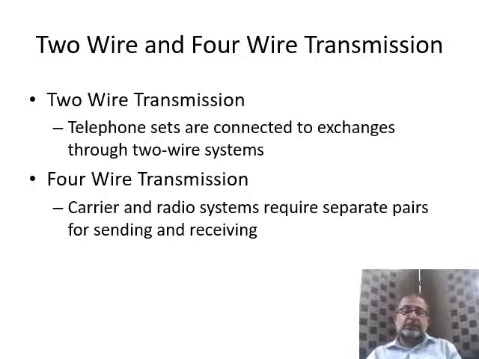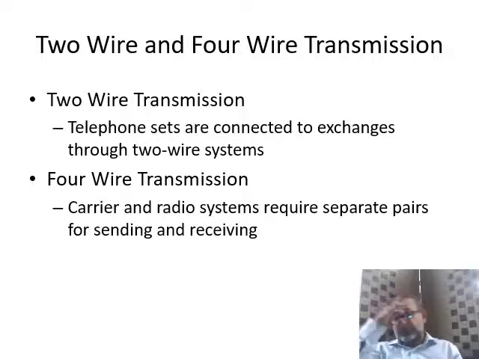Carrier means the communication of a voice channel between a telephone exchange and another telephone exchange. Radio systems mean when we are trying to send a multiplex signal over a radio transmission system.